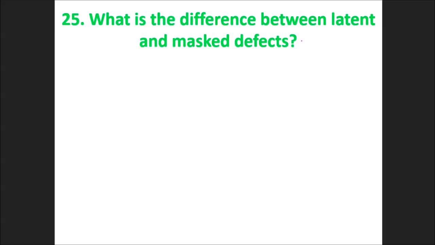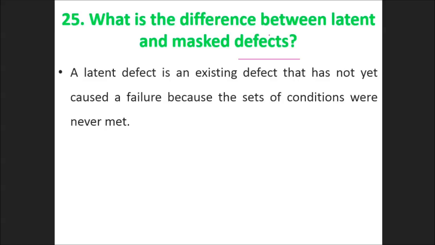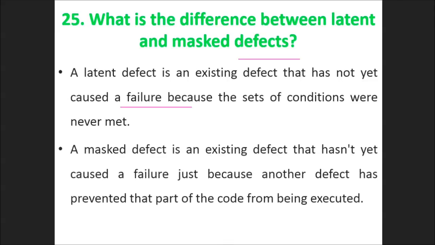So what is the difference between latent and masked defects? These are also some questions. A latent defect is an existing defect that has not yet caused a failure because the set of conditions were not met. It means the defect which is sleeping, or which has not been active. And a masked defect is an existing defect that hasn't yet caused a failure just because another defect has prevented that part of the code from being executed.